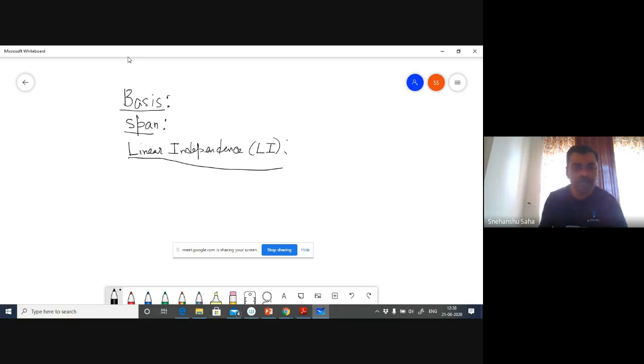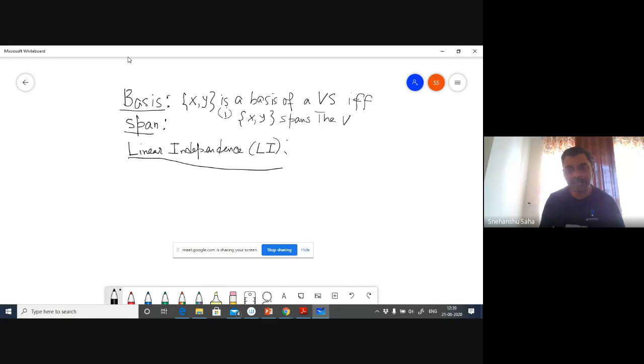Okay, all right. So let's talk about a basis. I'm just giving you a very simple two-dimensional example first. I would say that x comma y is a basis of a vector space if and only if, number one, x comma y spans the vector space.